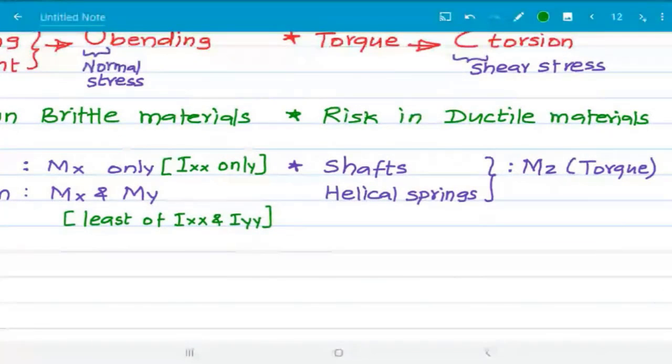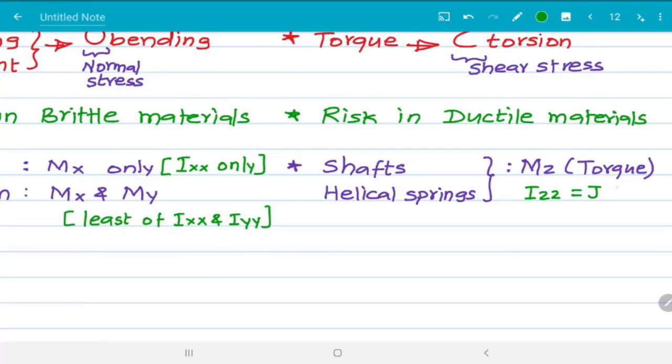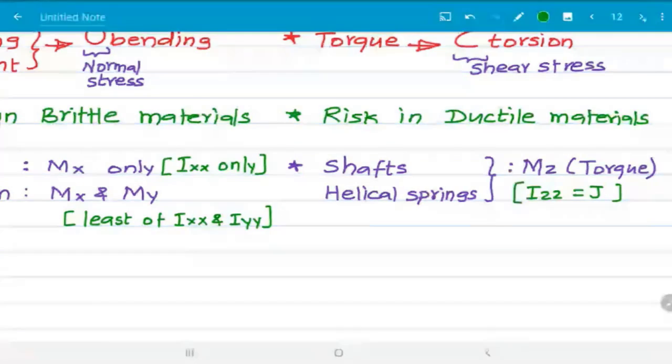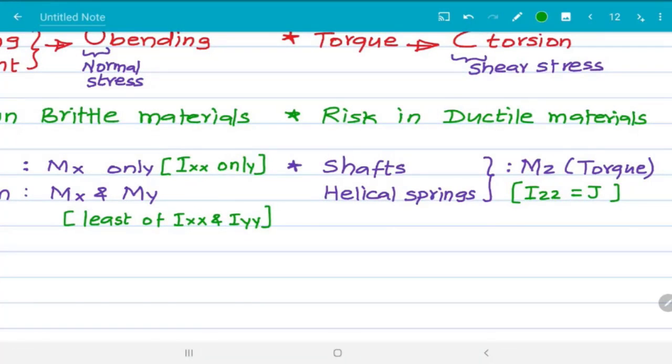Then, in case of shafts and helical springs, we are using Izz. It has another name, which is called polar moment of inertia. Izz has a special name, polar area moment of inertia.